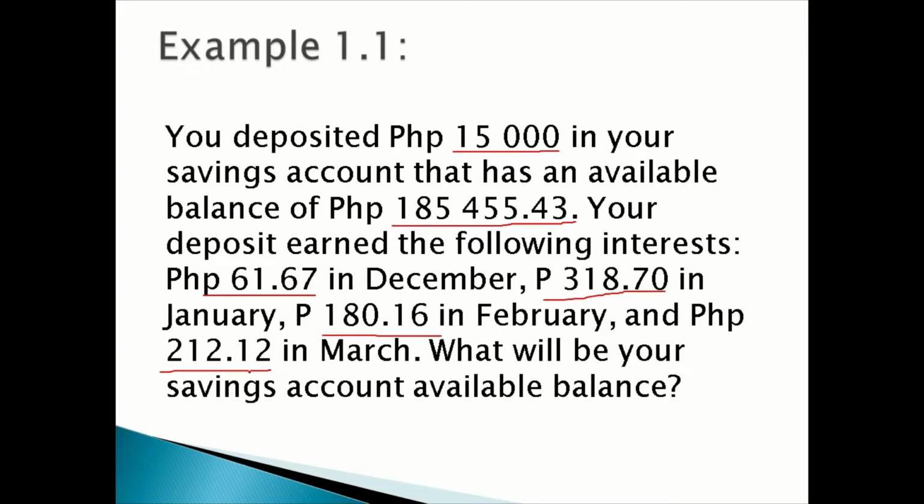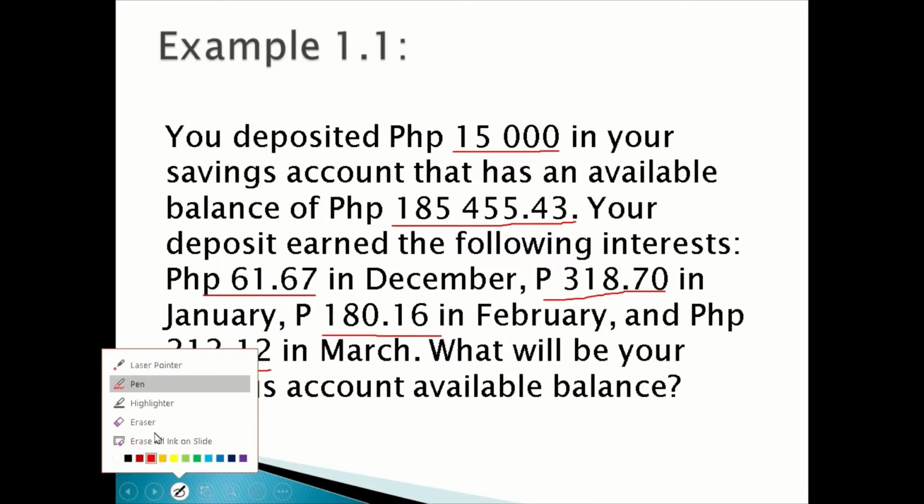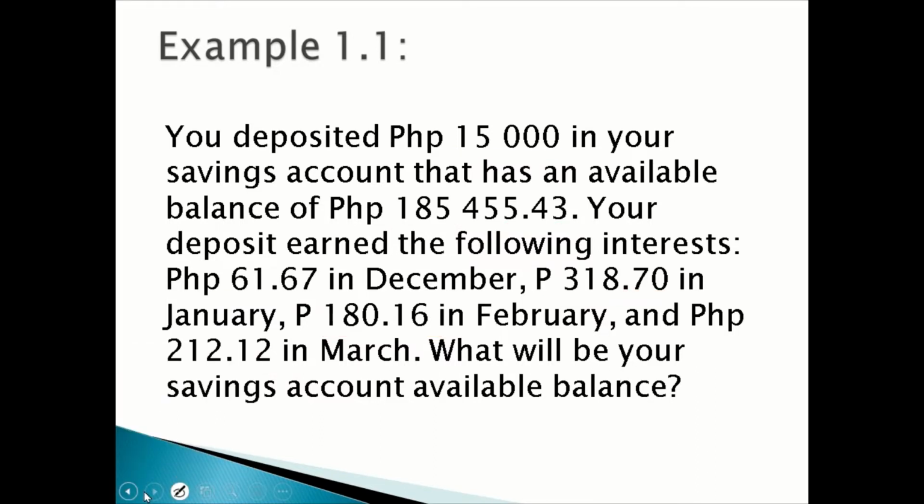So these are interests from the value we deposited. And now we are ready to solve. What will be your savings account available balance? Let's proceed to the solution part. Let me clear this one. Here we go.